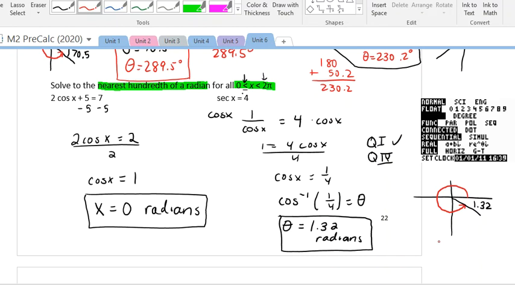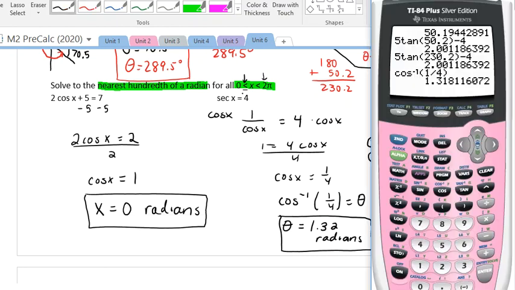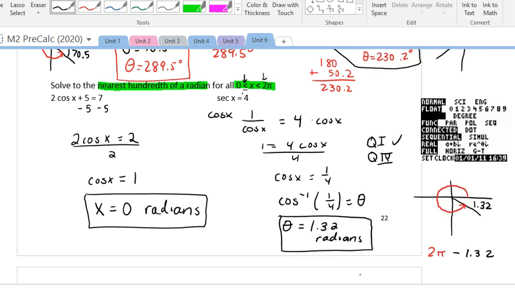Now, only difference here is this full rotation now is no longer 360 degrees. It's 2 pi radians. So we'll do 2 pi minus that 1.32. So take my calculator, 2 pi minus 1.32 and get 4.96. So the other angle here is 4.96.